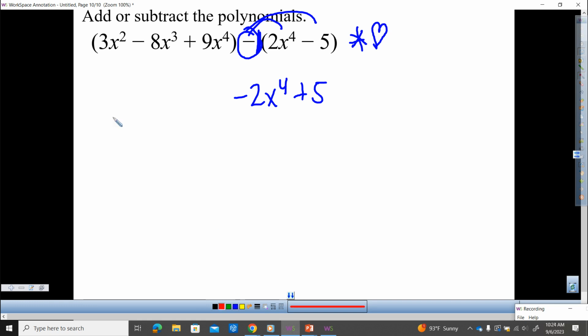Go ahead, Martin, you said combine what? Just drop it, okay? 3x to the second. We're no longer using these over here.